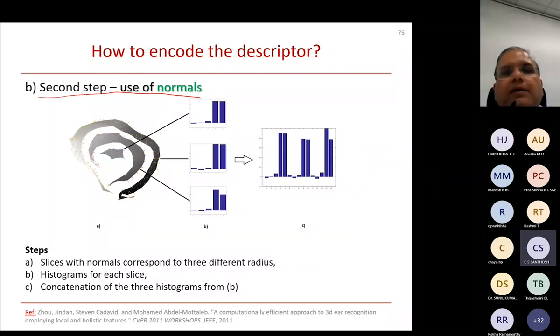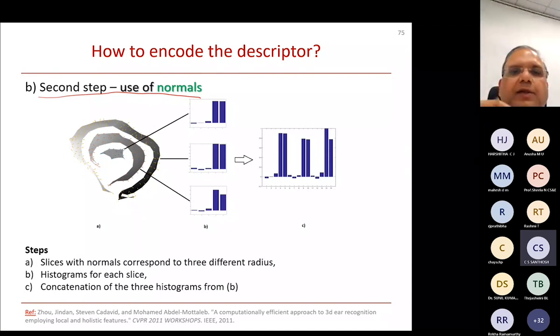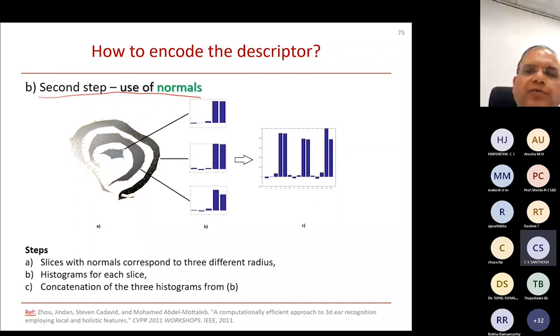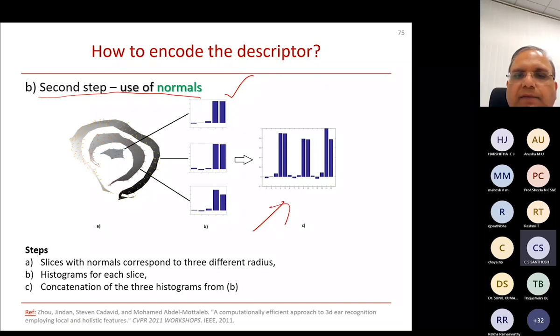For every vector, you can find the angle that it makes with respect to, let's say, a certain axis. For all those angles, you can directly create the histogram. So here you have the histograms of all those angles, and from that you are concatenating these three histograms, and then you are getting the concatenated vector.